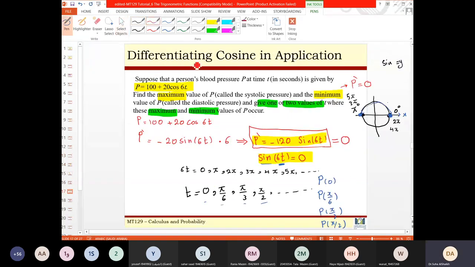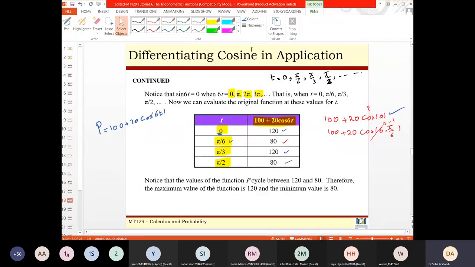Then we substitute once with zero, once with pi/6, once with pi/3 and once with pi/2, and we get the value. We will see that the value is once 120 and once 80. You have to use your calculator to find those cosines if you don't know how. Now at pi/3 it is 100 plus 20 cosine of 6 times pi/3. 6 times pi/3 is 2 pi.